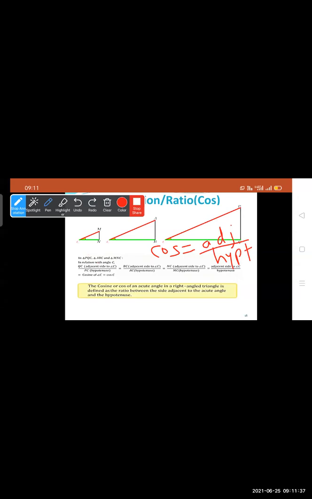Okay students, previously we saw sine function is the ratio of opposite side to the hypotenuse, and cosine function is the ratio of adjacent side to the hypotenuse. Here in this figure, for angle C, its hypotenuse side is PC and the adjacent side is QC.